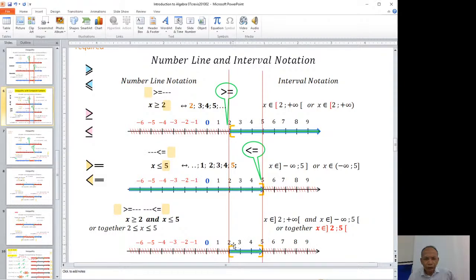But now we take both boundary values, 2 and 5. So our bracket must turn to face 2 and to face 5.